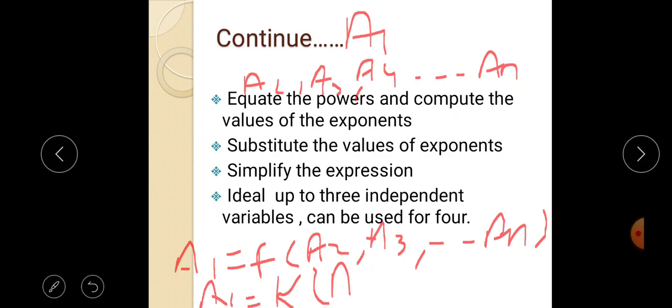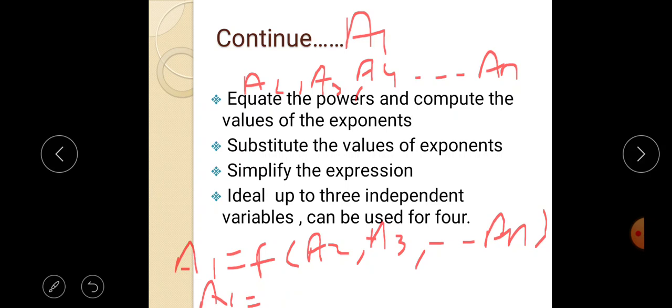And also, Rayleigh's method doesn't provide any information regarding the number of dimensionless groups to be obtained as a result of dimensional analysis. One more disadvantage of this method is that when we do dimensional analysis by Rayleigh's method, it will not give any information regarding how many dimensionless groups we will get after the analysis.